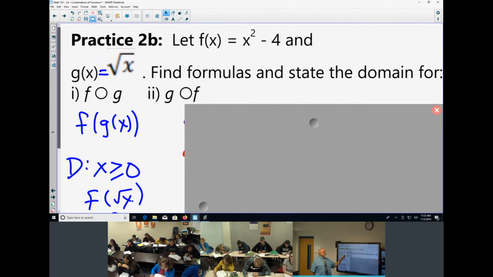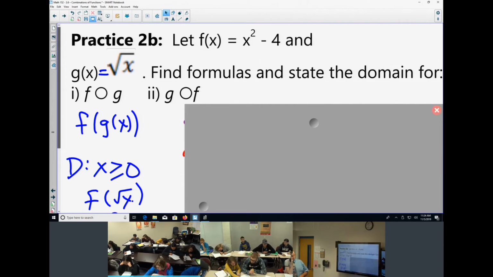Find the formula, g of f, and then see if you can figure out what the domain would be. Mr. Strong, yes.